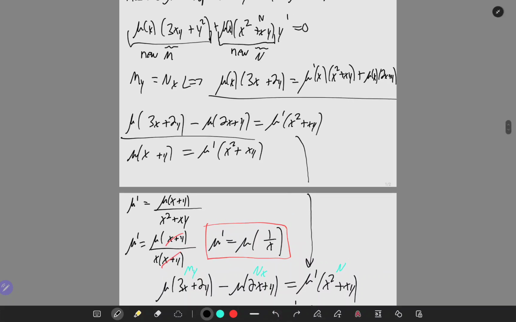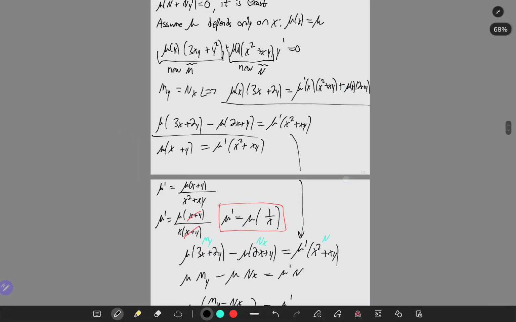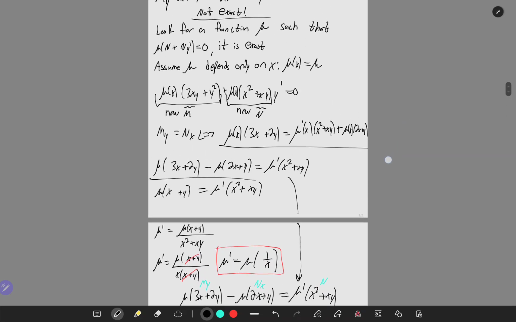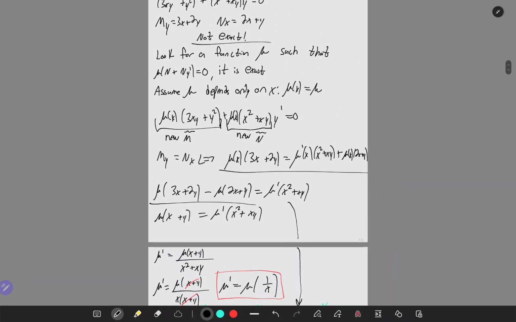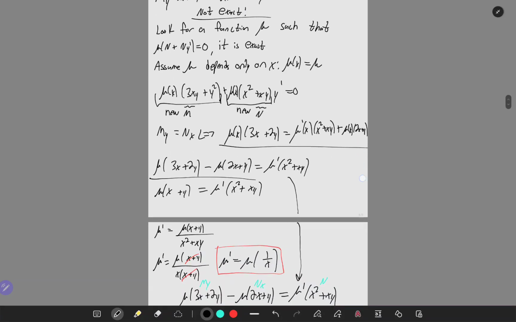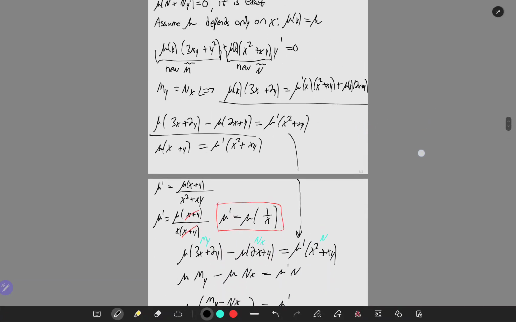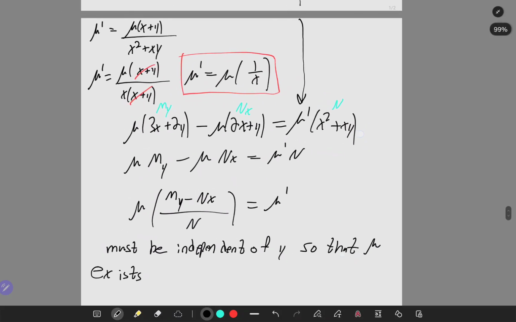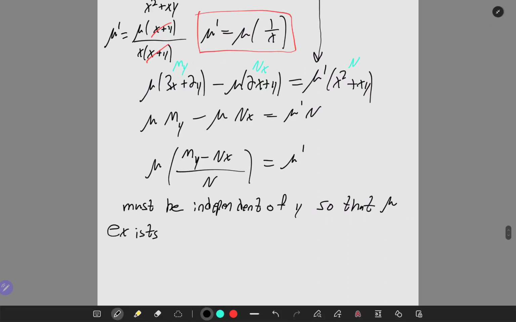If we take the partial of m with respect to y, it's going to be 3x plus 2y. Take the partial of n with respect to x, I did it up here, didn't I? Yeah, up here, it's 2x plus 2y. See that? Look how cool that is. It's 2x plus 2y. That's where that comes from. And n is x squared plus xy, right? That's where those come from.